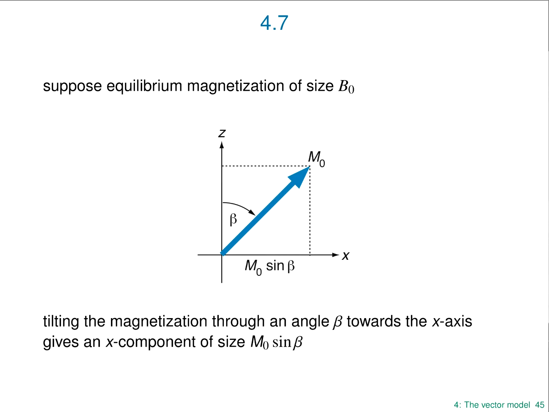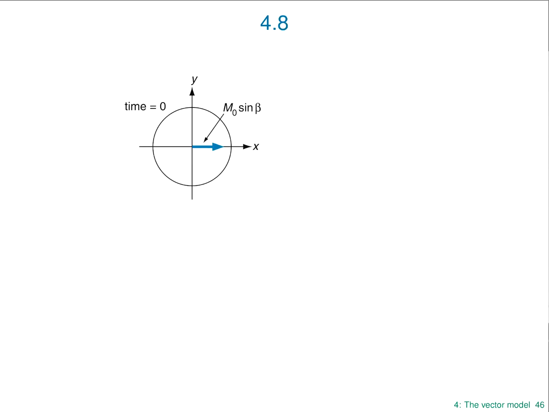And then if you imagined you allowed that to precess, what you would end up with would be, over time, the magnetization vector would rotate through an angle. So now this picture, we're looking down the z-axis. The magnetization vector starts out along x, and then over time it precesses around such that the angle it moves through is omega naught t.